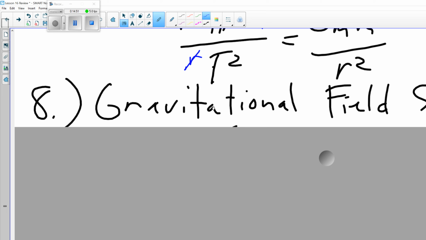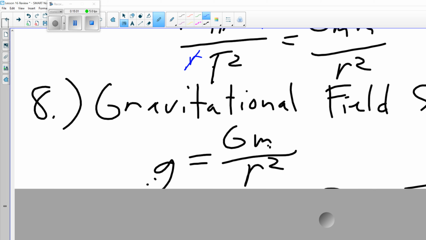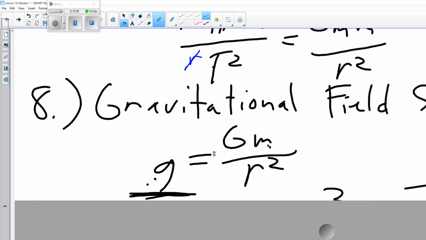So basically it calculates little g instead of fg. So if I want to calculate gravitational field strength, this would be my formula here: little g equals big G times the mass of the body making the gravitational field divided by r squared. We arrive at this by doing this.